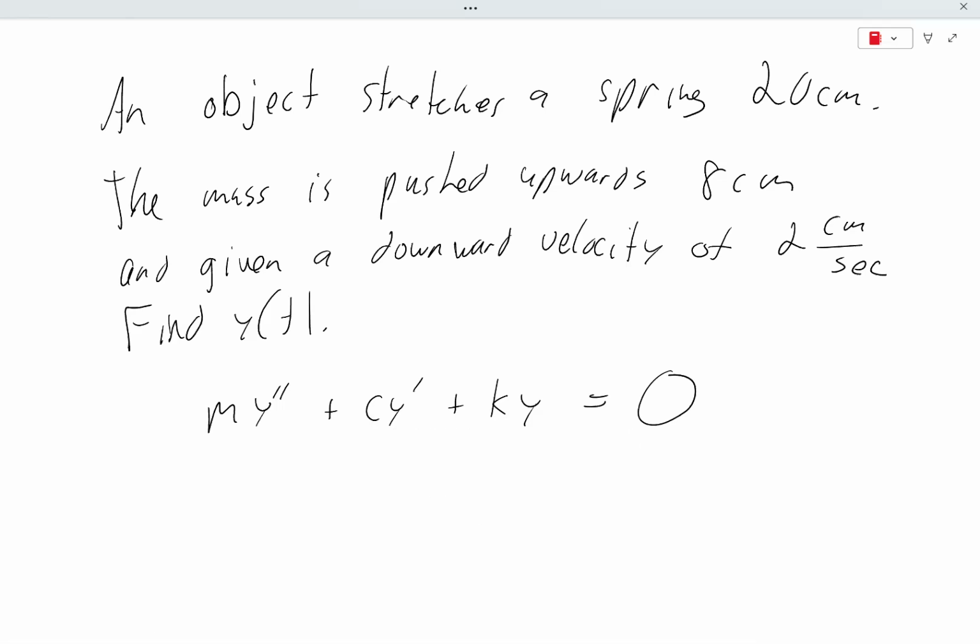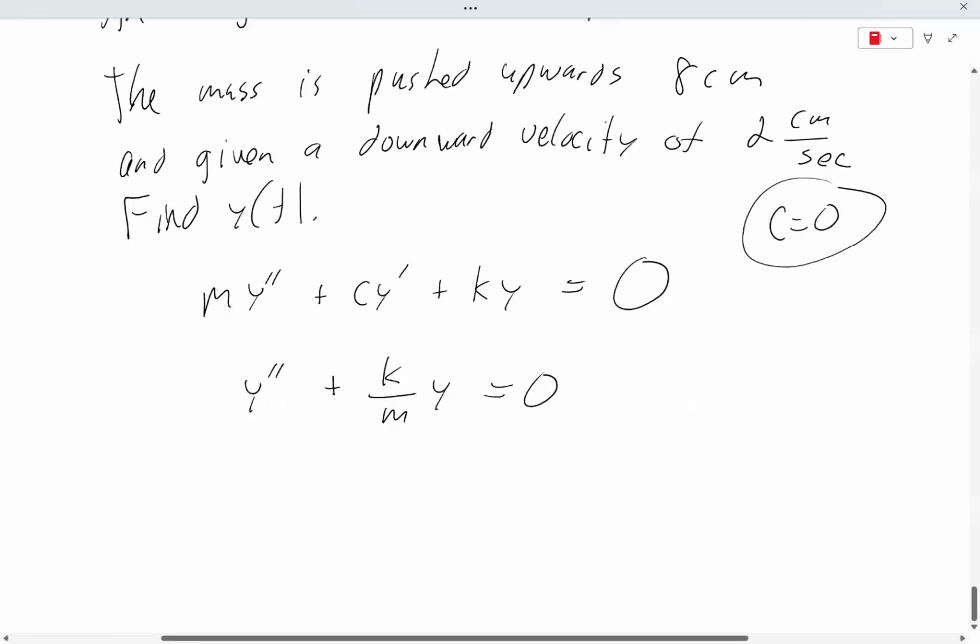On this one, we're assuming c is equal to 0, since it doesn't mention anything about that. If you divide through by m, you can get y double prime plus k over m y equals 0.